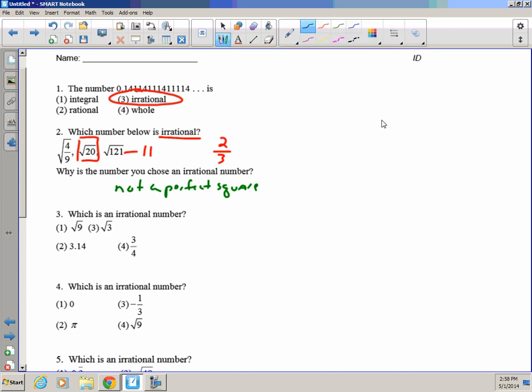Which is an irrational number? Square root of 3. What tricks people sometimes is they say 3.14 and they think, oh, that's pi. No, first thing is, it's the number 3.14, and pi is only approximately 3.14. As you're well aware, pi is a number that goes on for infinity.